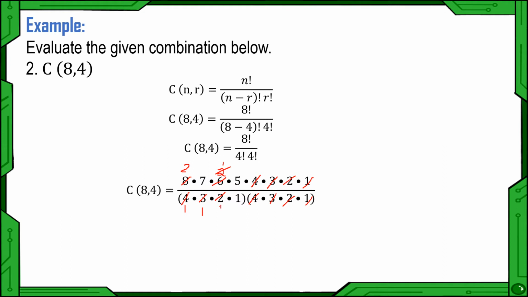Or just simply cancel 2 and 2 because it is the same. So the only numbers remaining in our given, combination of 8 and 4, is equal to 2 times 7 times 5. So I want you to give the product. You are correct. The answer is 70. Good job.